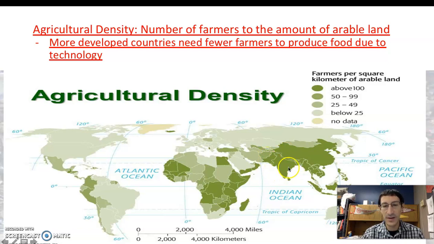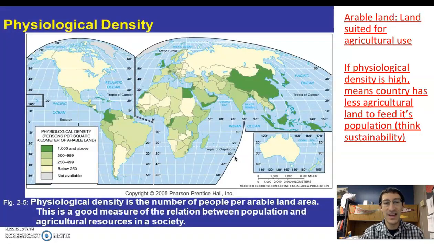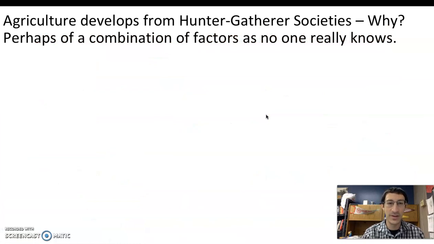So that's Afghanistan, India, Bangladesh, East Asia, so the Koreas, China, Southeast Asia, Vietnam, Myanmar, Cambodia, Indonesia, so on and so forth. And again, much of Africa in general fits this very high. And then there are some other places as well, but for the most part, these are the regions that have high agricultural density, and in many cases also overlap, not completely, with higher areas of physiological density, but those are two very different issues.